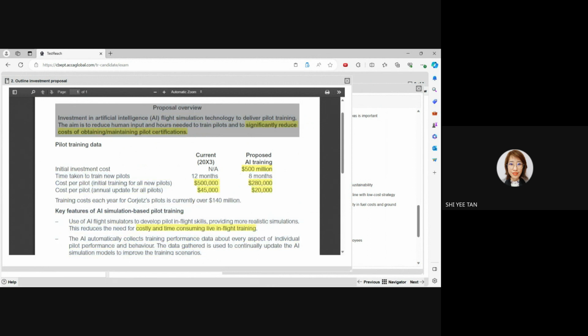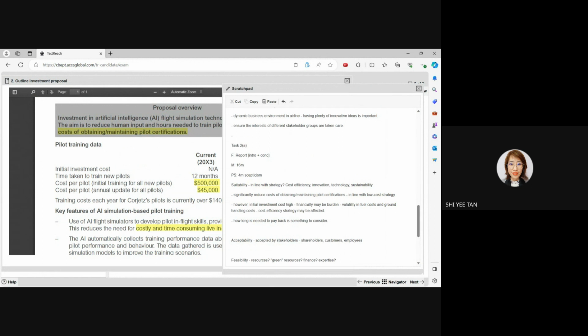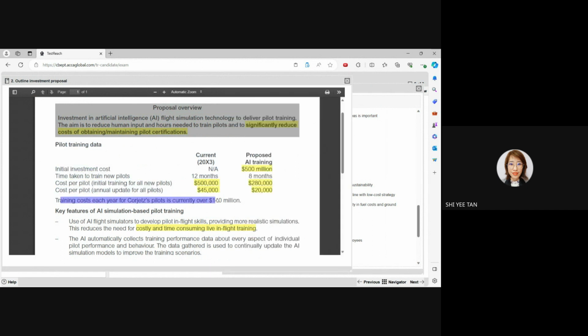But what I can suggest is the initial cost is quite high. If they can actually pay back quite soon, then okay, right? So that's why how long is needed to pay back, I'm not so sure. It looks like annual training cost is quite high as well, right? But they are not going to save the whole amount of 140 million, so I'm not able to calculate.